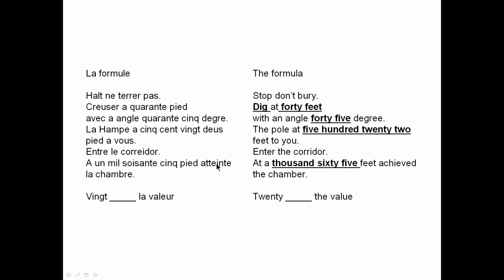But if you were to go 1,065 feet, so in other words, when you're at 1,065 feet, you would have already reached the chamber. So maybe this is not grammatically correct in the sentence, but you have achieved the chamber or reached the chamber.